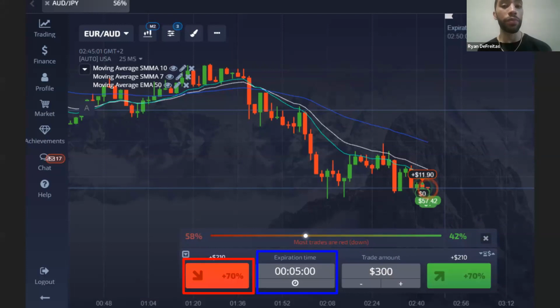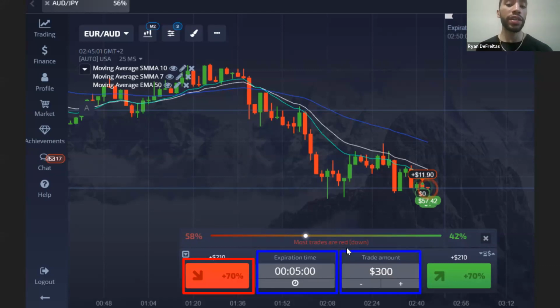After 5 minutes, the price has to be below whatever you sold it at. In layman's terms, it just has to be lower than what you put. It doesn't matter if it's super low or just barely cracking, so you can win by 1 pip or by 1,000 pips. It doesn't matter as long as it's just below your price.